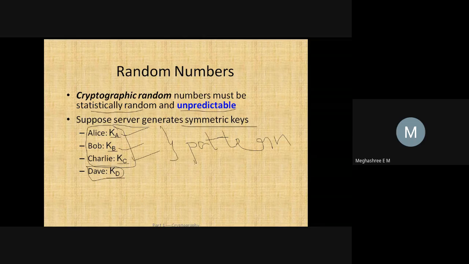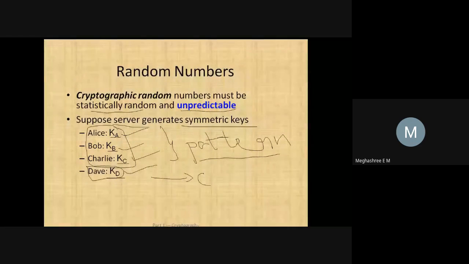If they find out there is a pattern while generating these keys, then obviously they will end up with the key that is generated for the day. I mean, they will know what key was generated for Dave. If this is the case, then you can say this cryptographic function is compromised, right? If the key is known to someone, then obviously the crypto system is compromised, isn't it?